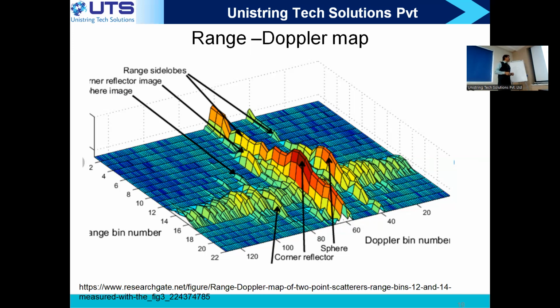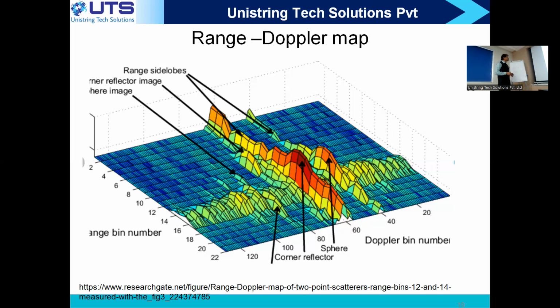The range Doppler map will show range on one scale and Doppler on the second scale. The speaker in the second session in the afternoon will tell how this map gets generated before you do the lab session. For the time being, just understand that this is the outcome of the algorithm.